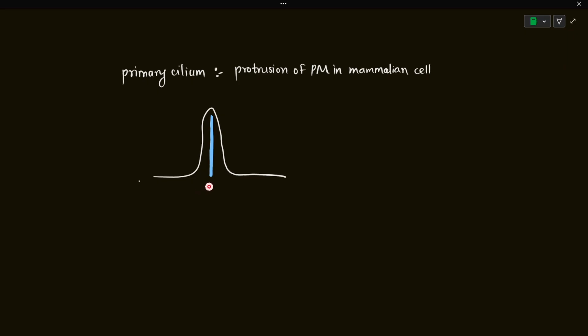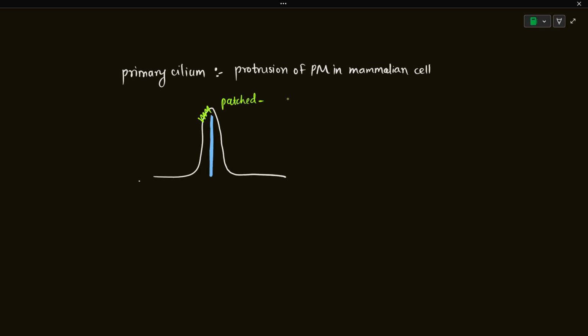So in this primary cilium, this particular part is the membrane of the primary cilium, and this is the cellular membrane, the plasma membrane, right? Over the membrane of the primary cilium exists the receptor, the patched receptor. Okay, so here exists the patched receptor.